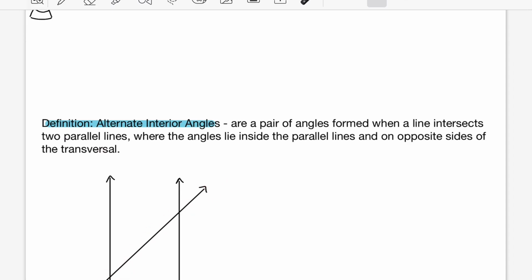So these are alternate interior angles. And when we have this case, this angle, which we'll call x, is going to be the same measure as this angle here. And if we were to call this angle y, then the measure of that angle is the same as the measure of this angle. So these are called alternate interior angles.